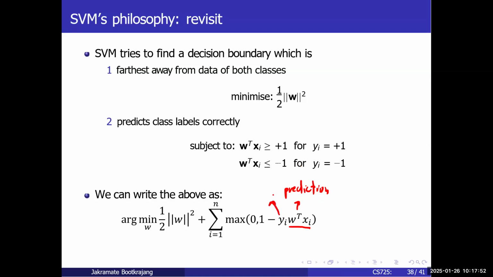What about yi? What is yi? Well, yi is the label, right? It's the correct answer, right? You know that this example is positive or negative. Then why do we multiply them together?